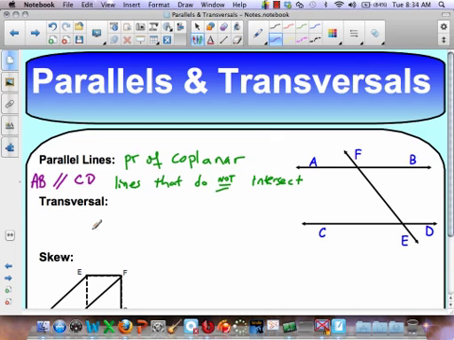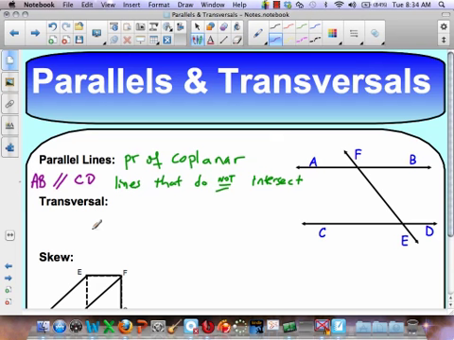Now there's this new term you've probably heard before. I'm hoping maybe you've heard it. It's called the transversal. Kinda. Don't remember what it means, but I heard it. Okay. A transversal is something that intersects multiple things. In this case, the transversal, and we're going to use that term a lot in this unit, is a line that intersects the two parallel lines.